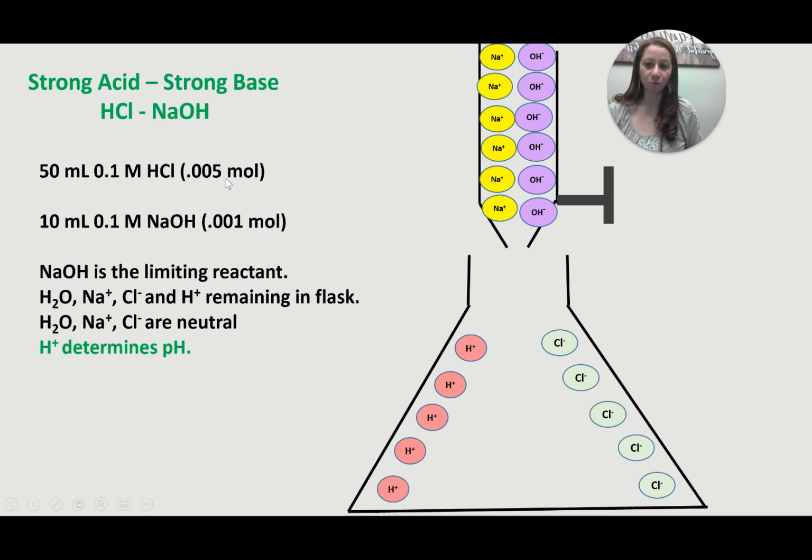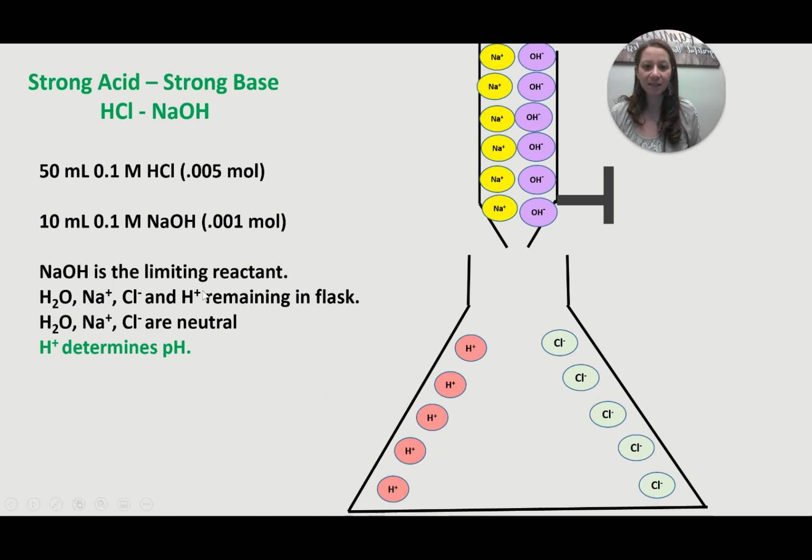So since I have 0.005, I'm going to have 5 of them. Now HCl is a strong acid, so in water it completely ionizes, splits up into H pluses and Cl minuses, and so that means I'm going to have 5 of the H pluses and 5 of the Cl minuses separate. Just a disclaimer here, they don't line up next to each other like that. This is just so it's easier for us to see what's happening.